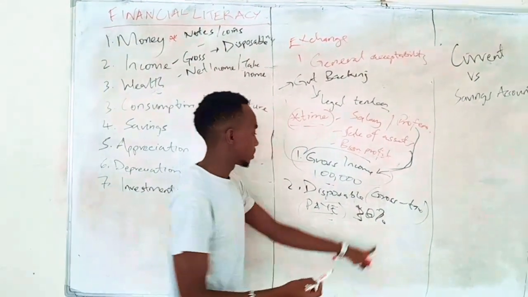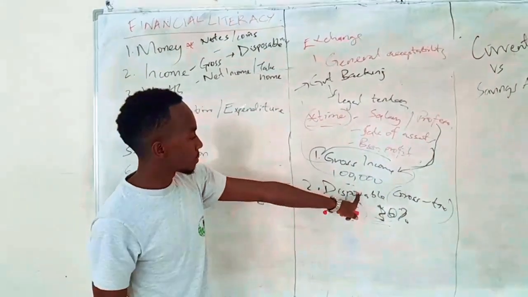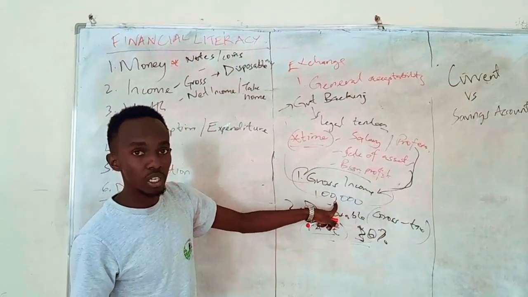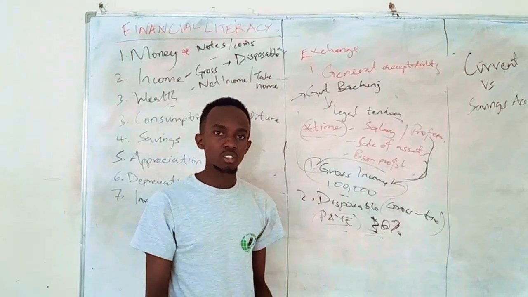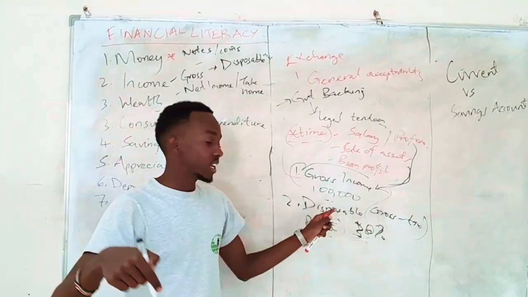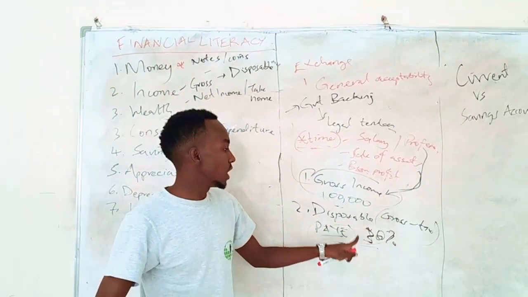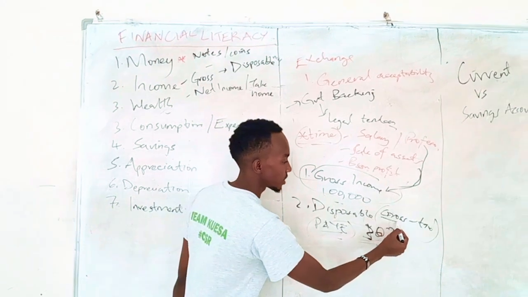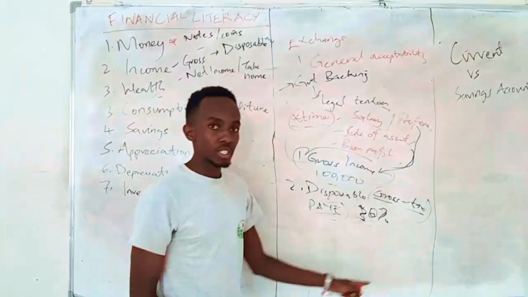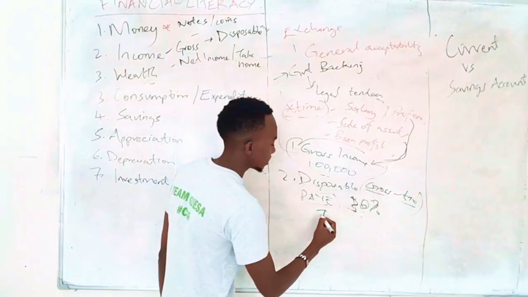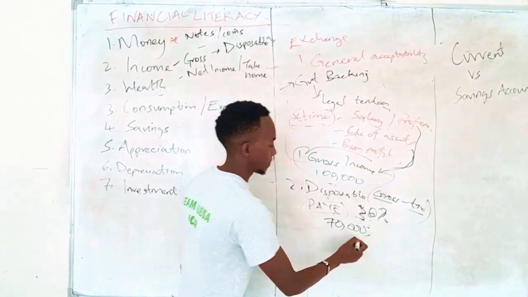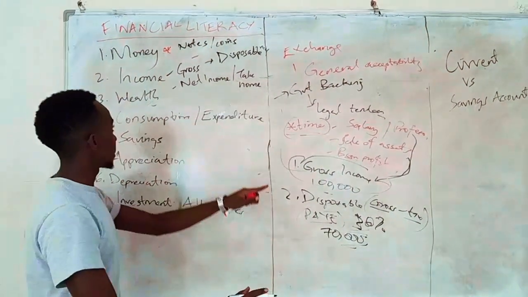It's about 30%. So you can assume that about 30% of this amount of money is not really going to come to you as an individual. It is going to go to the government in form of a tax. So this is what we call disposable income. It is what you get after you take the gross and you subtract tax. So in our case, it is going to be 70,000. Okay, I hope you're together until there.